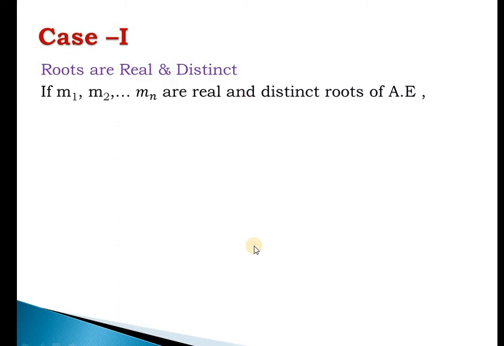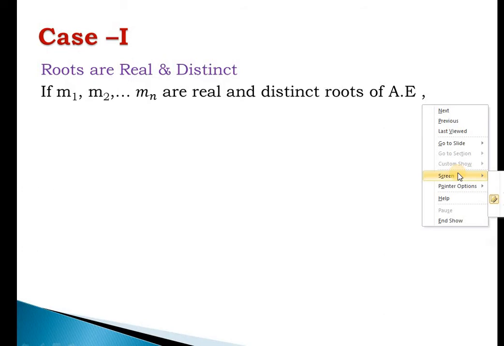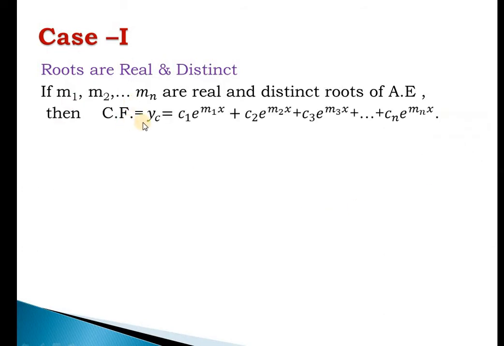So let us see the first case. Roots are real and distinct. If m1, m2, ..., mn are real and distinct roots of the auxiliary equation, then its complementary function is c1 e raised to m1x plus c2 e raised to m2x plus c3 e raised to m3x plus so on, plus cn e raised to mnx.